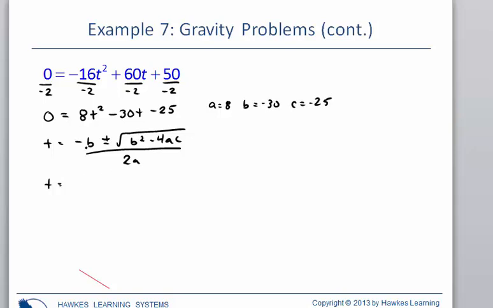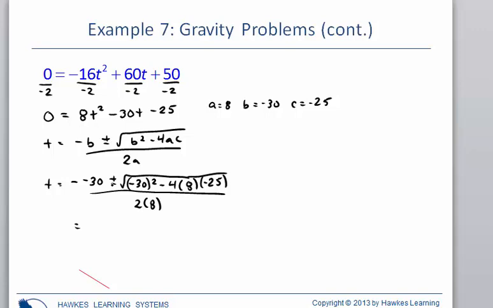So plugging in negative, and then we have the b, so we've got a negative 30, plus or minus the square root of b squared, so negative 30 squared, minus 4 times 8 times negative 25. And then we are dividing that by 2 times 8.